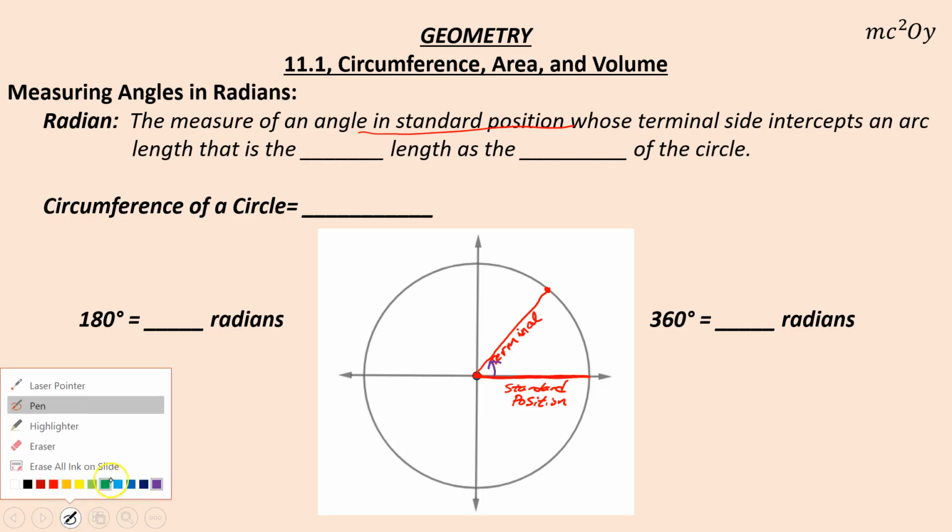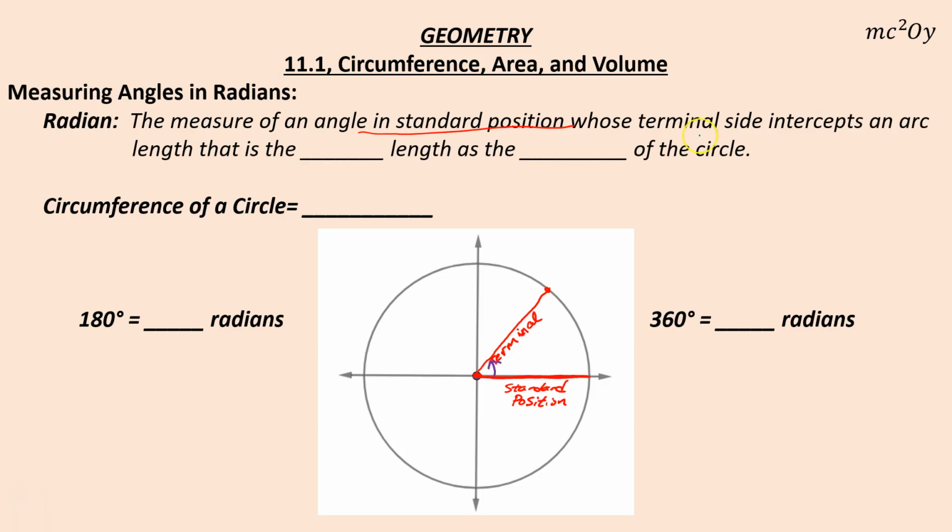We know this right here we're going to call r. It's a radius, as is this. This is a radius. So the measure of an angle in standard position whose terminal side intercepts an arc. So here's the arc.